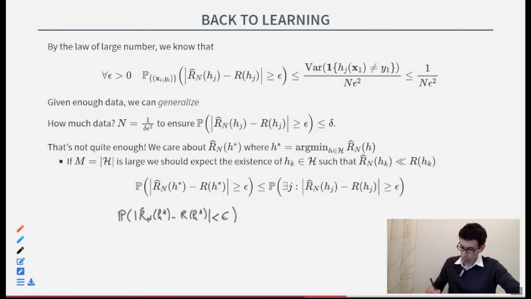And therefore, that probability has to be greater than the probability that for all models Hj, the same statement would be true: |R hat n of Hj minus R of Hj| less than epsilon.